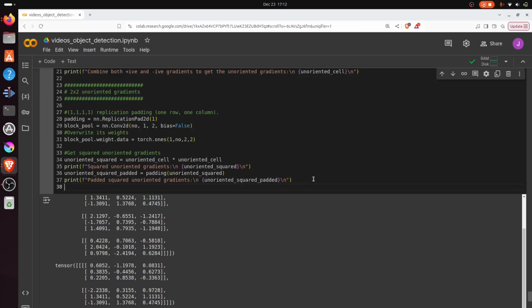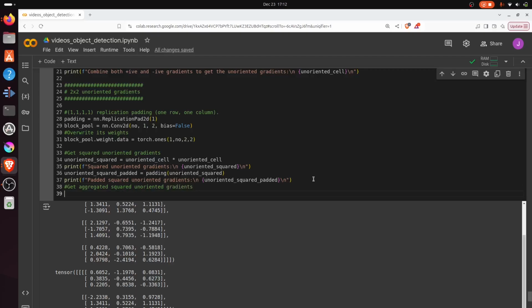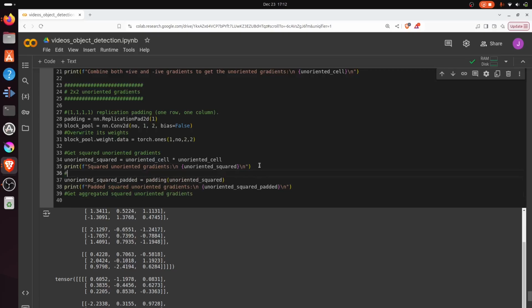We want to get the aggregated squared unoriented gradients, and also let me put here, for the sake of clarity, the padded squared unoriented gradients. Fantastic.